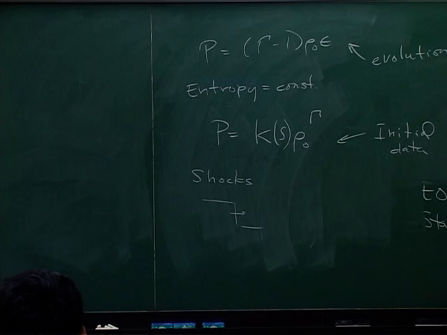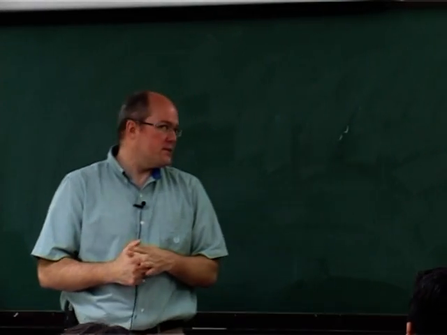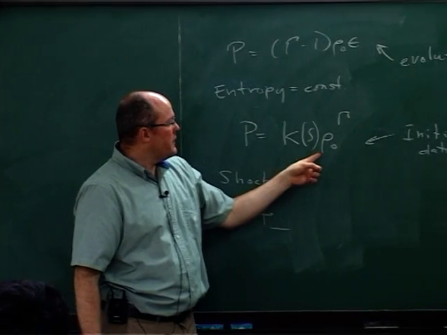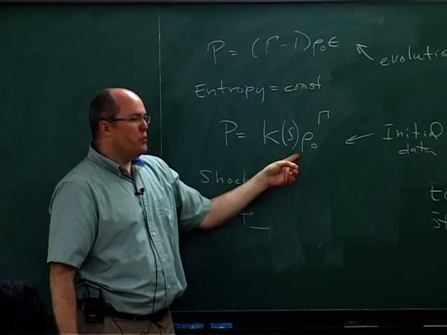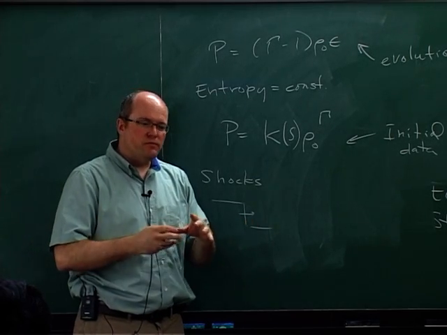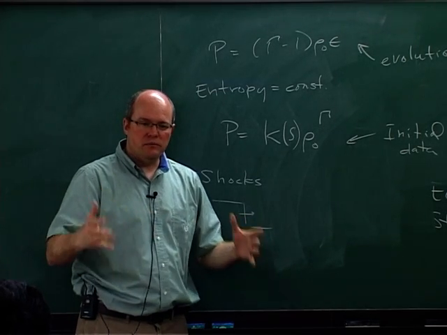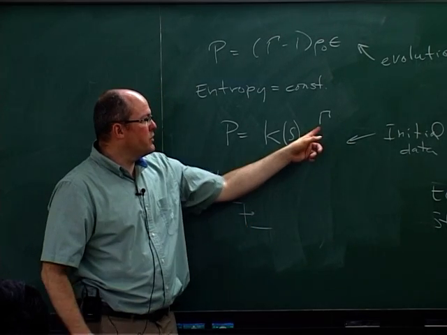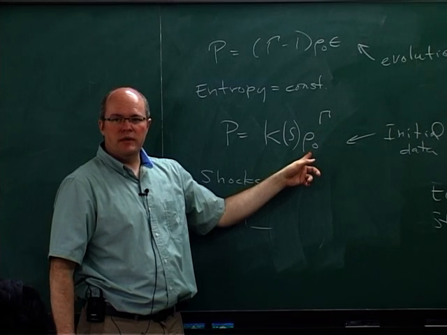So gamma depends on the microscopics of the fluid. Yes. And often, when you have a complicated nuclear equation of state, where you're thinking about a real complicated nuclear microphysical model for your nuclear physics, then gamma could actually be a function of rho as well.